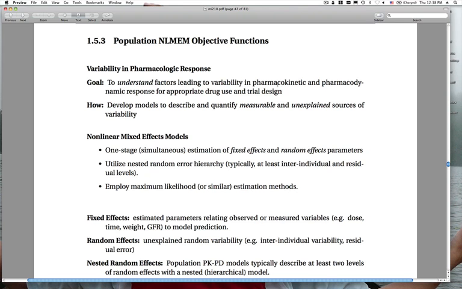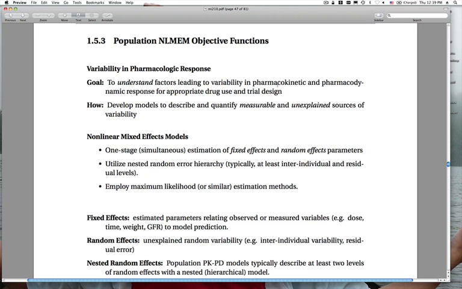So a method that allows us to do that is nonlinear mixed effects. This is a one-stage method of simultaneous estimation of fixed effects and random effects parameters. I'll define those in a minute. But typically these methods utilize what's called a nested random error hierarchy, meaning that we have more than one level of random error, which is unlike the maximum likelihood approach for individual level data, where we had just a single residual error term.